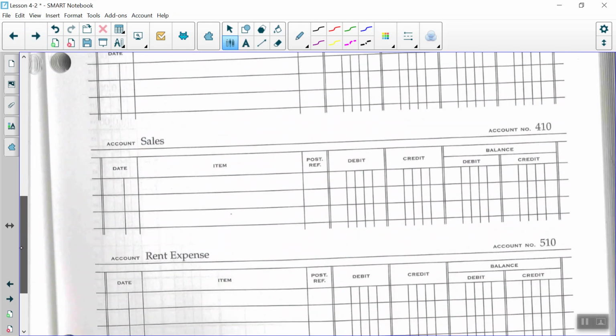You ready? Okay. So again, we're going to put the full date. So 2019, April 8th. G1. Are we debiting or crediting? Crediting 325. Normal balance for sales? Credit 325.